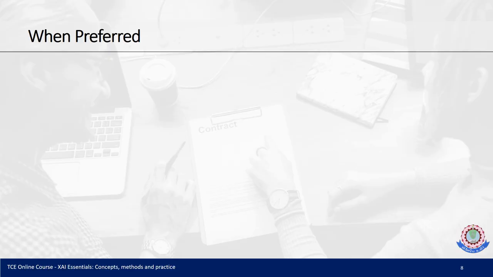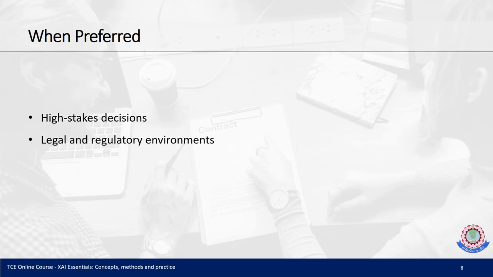Okay, now let me know which model is preferred. Think of high stake decisions, or legal or regulatory requirements when explanations are mandatory. Which model would you choose? Take some time.